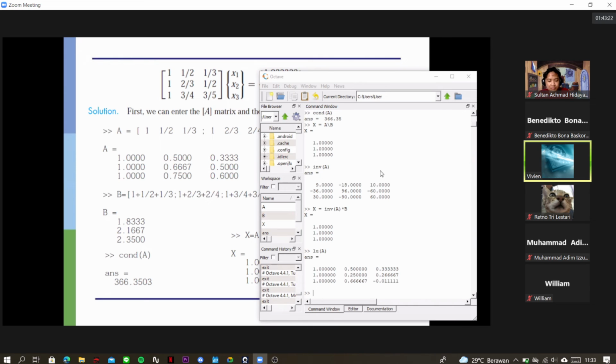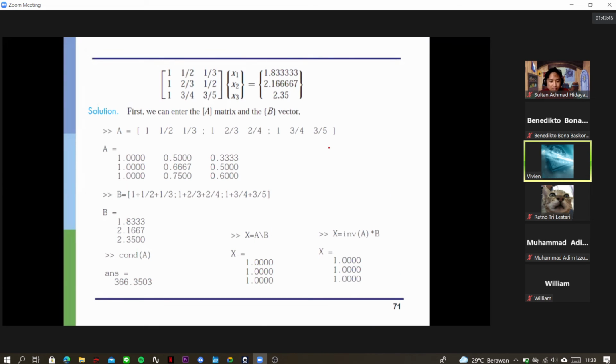Okay, so if there is no question, that will be the end for the solution of sets of linear algebraic equations, and that will be the material for the midterm exam.